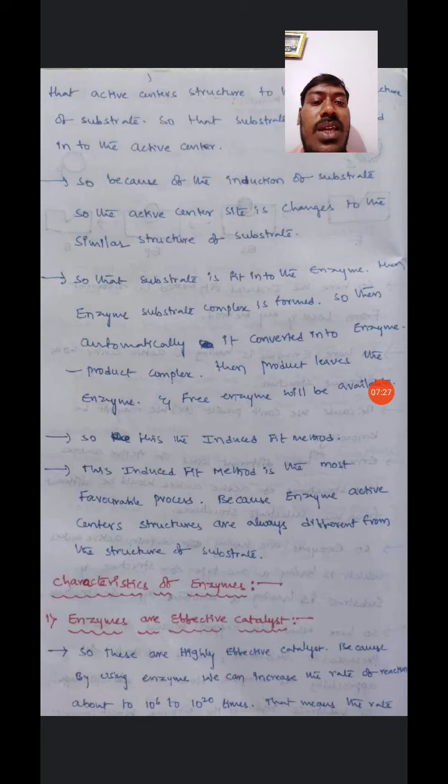Because of the induction by the substrate, the active center site changes to a structure similar to the substrate.